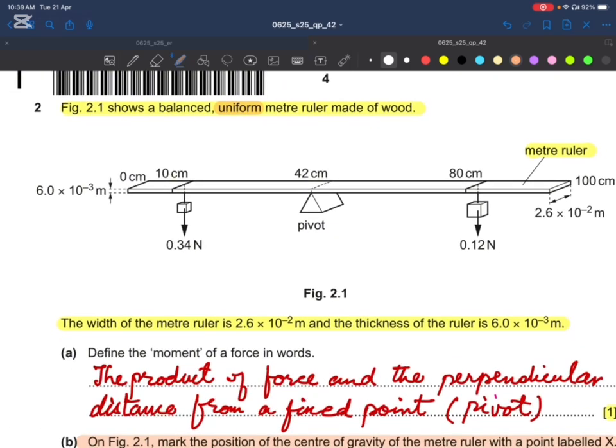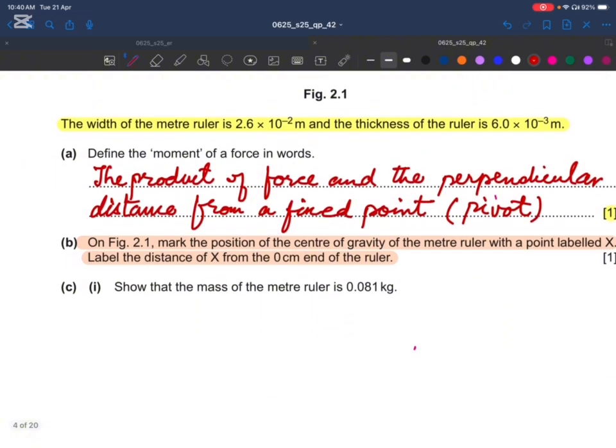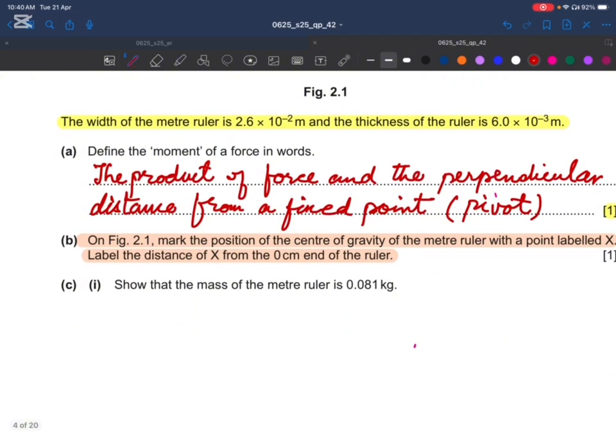And over here, if you have 100 centimeters, then somewhere here at the 50 mark you will have the center of gravity or center of mass. So they are saying here, mark the position of the center of gravity of the meter ruler.